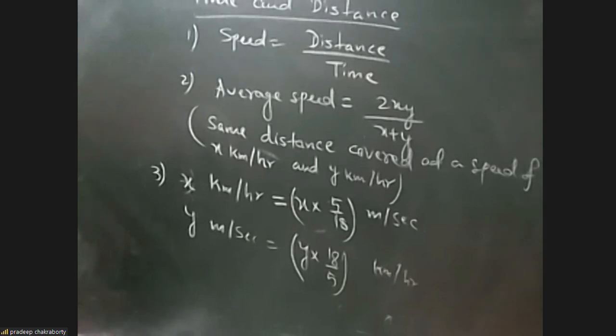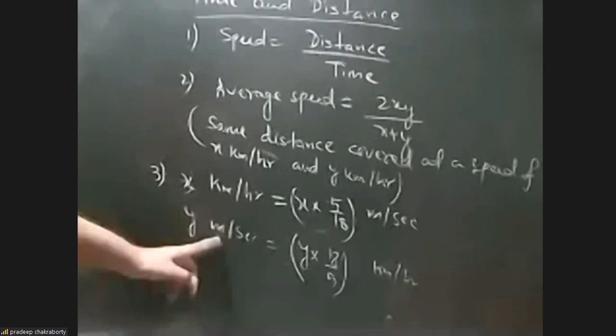These two things you remember: the direct conversion of kilometer per hour to meter per second, and if meter per second is given, you convert it into kilometer per hour.